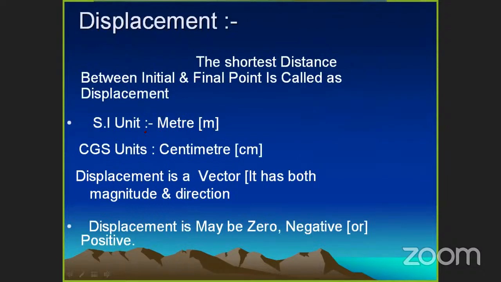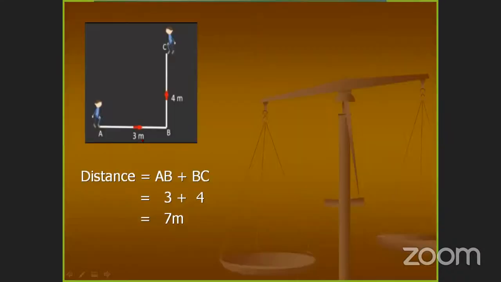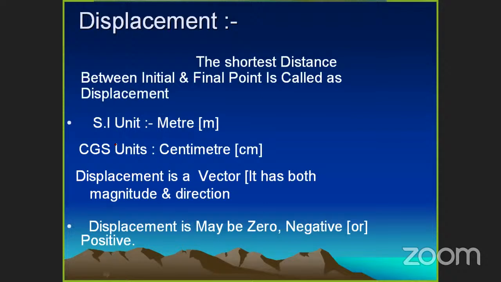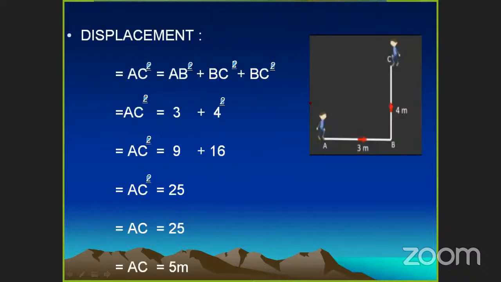Don't confuse, children. Distance means the total length covered by the boy, the actual path covered by the body. Displacement means the shortest distance between the initial and final point. Distance means A to B, AB plus BC, this total length.